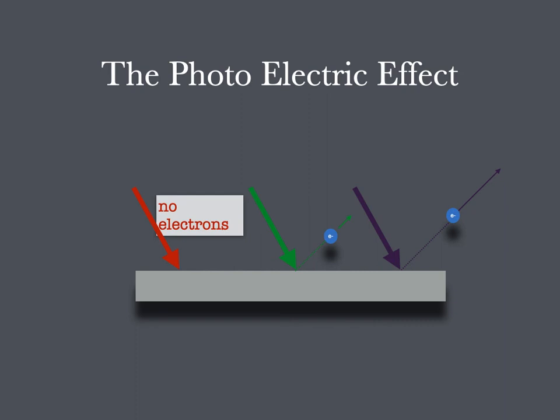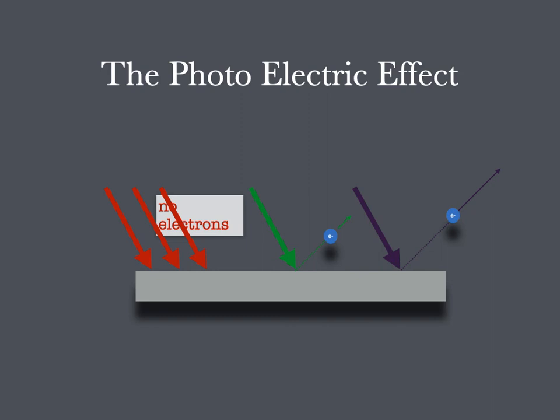If you assume that light is a wave, the only thing that should affect the velocity of those electrons should be the amplitude, or the intensity. But it turns out that if you are below the threshold of the right wavelength, the experimental values show you that no matter what the intensity of our red light here, no electrons will be ejected because the energy of the individual particles is too low.